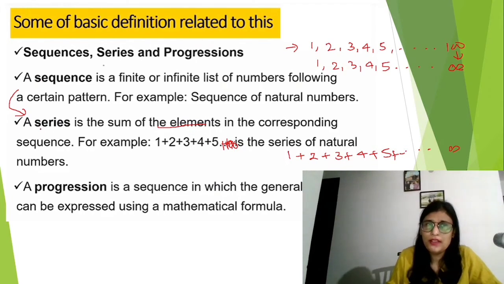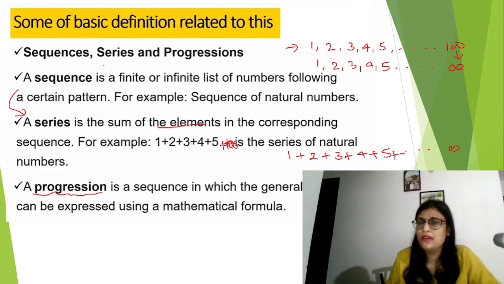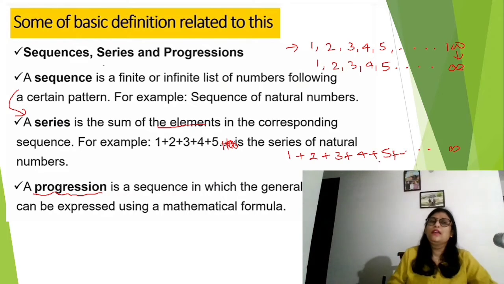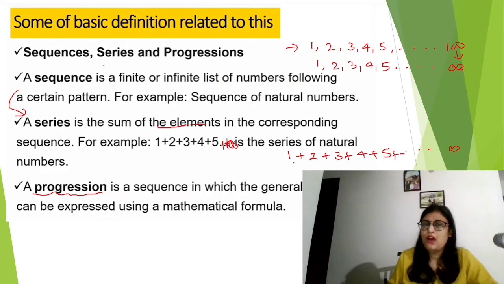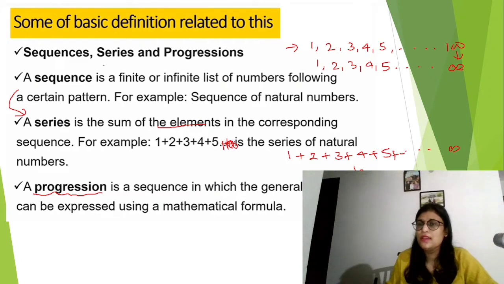Now we have converted a series from a sequence. Now we can convert this series into a progression. Progression means the mathematical form of any series. So now we can see that this is the natural number series, right? For this we have the general formula n into n plus 1 divided by 2. Here n is the position of the number.